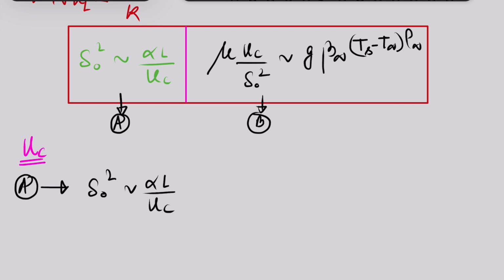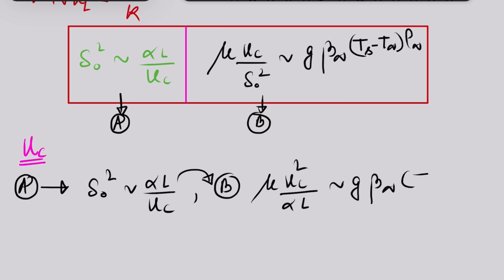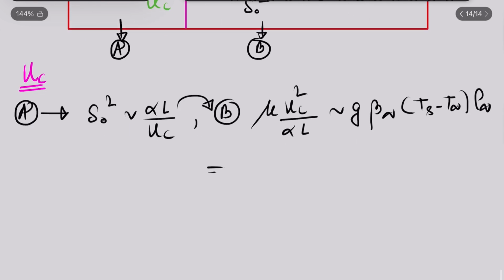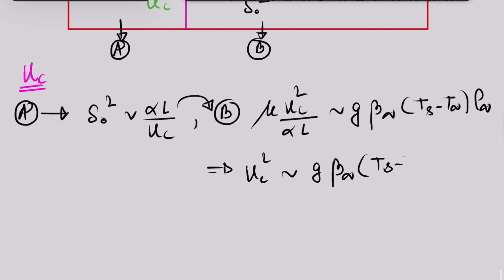If I now use this in b, then I will get mu uc by alpha L by uc. I will take that uc on the numerator, and this will become g beta infinity ts minus t infinity into rho infinity. And now my uc square is g beta infinity ts minus t infinity rho infinity alpha infinity L by mu infinity, right?